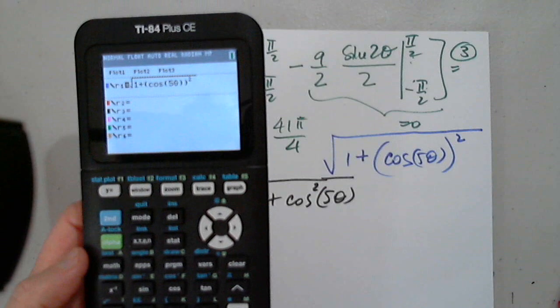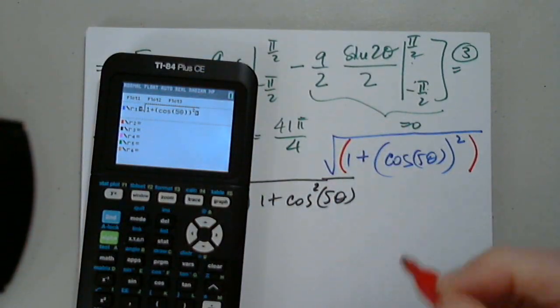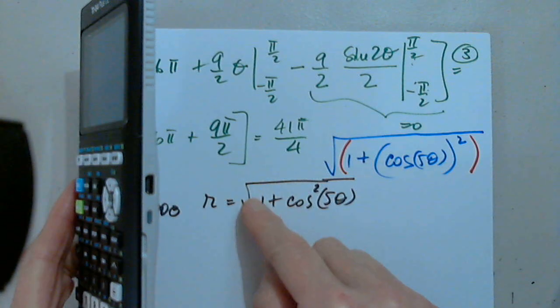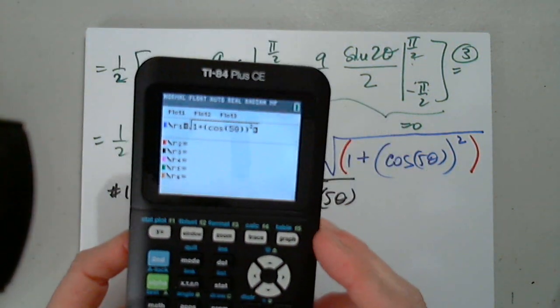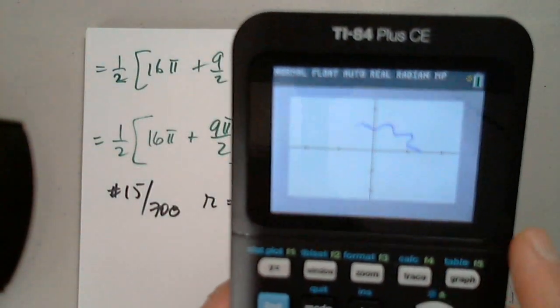I normally like to put parentheses also here. These are not really necessary depending on your calculator, but I always like to put parentheses for the quantity that is under the square root. Okay, so let's hit graph and see what happens.